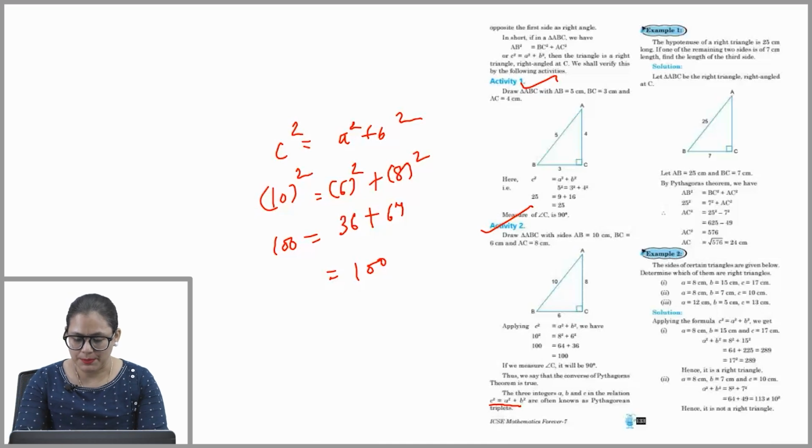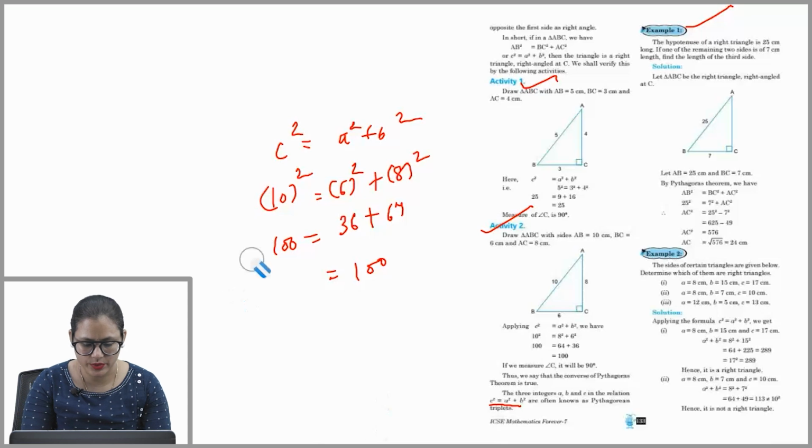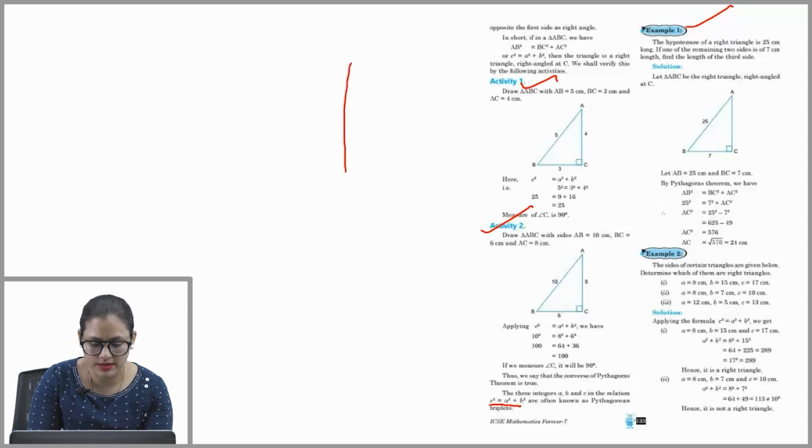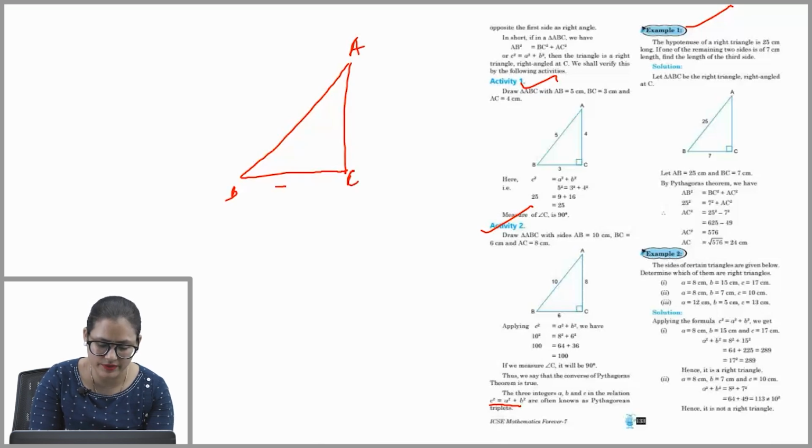Example 1. The hypotenuse of a right triangle is 25 centimeters. If one of the remaining two sides is 7 centimeters, find the length of the third side. Let's do it. Let triangle ABC be a right angled triangle, right angled at C. One of the sides is 7, and the hypotenuse is given as 25. Now we have to find AC.